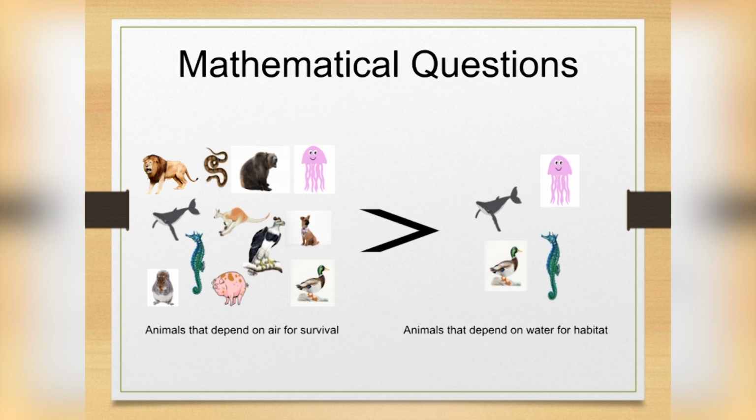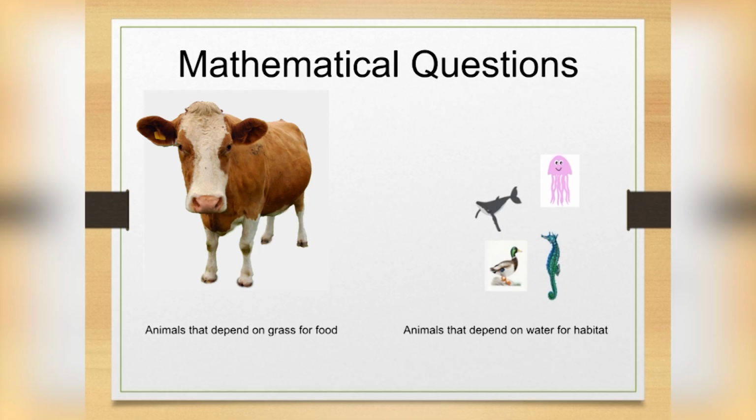Greater than, because 12 is greater than 4. Wonderful. Give yourselves a pat on the shoulder. Okay, here's the final sentence. The number of animals that depend on grass for food is blank the number of animals that depend on water for habitat.